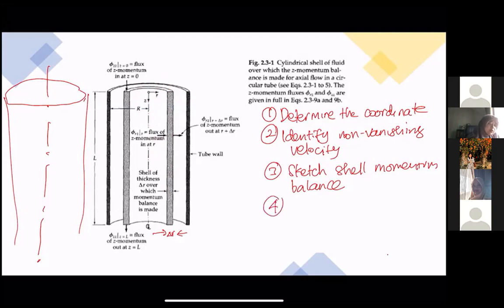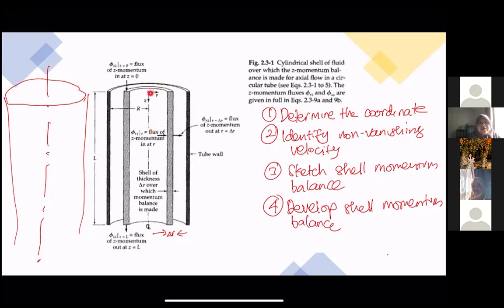The fourth one is we have to develop shell momentum balance. So you can imagine here we have τzz at z equal to 0, which is flux momentum of z momentum in at z equal to 0, minus τzz at z equal to L, which is flux momentum out at z equal to L. And then the momentum in, we start from the highest velocity.